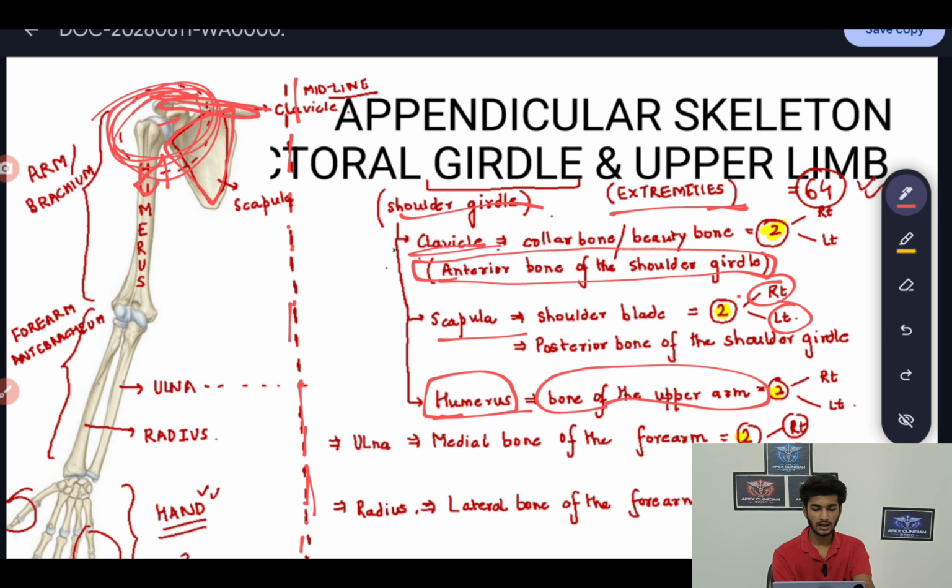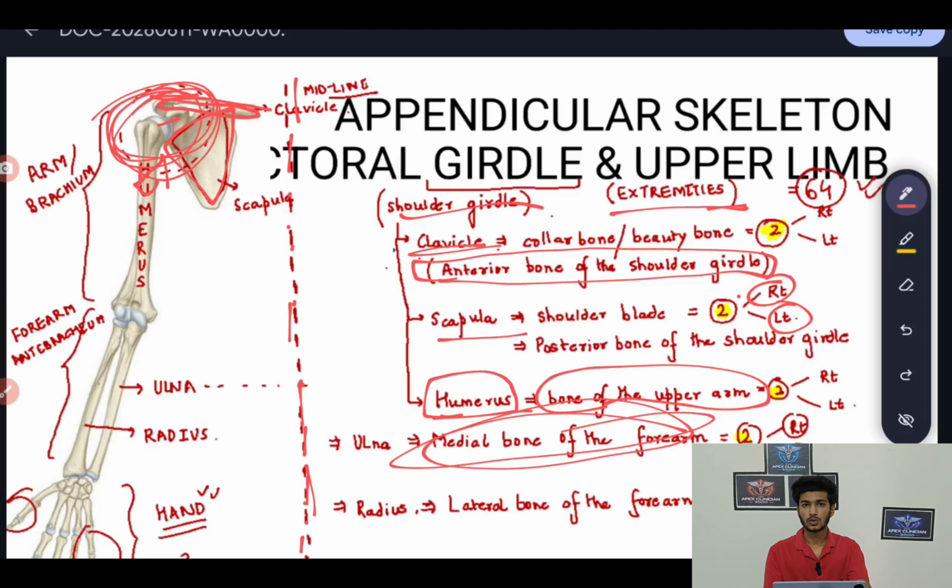Then you have ulna and radius. The ulna bone is present at the medial part of the forearm, and the radius is present at the lateral part of the forearm. These bones are also two in number. One is present at the right side and one is present at the left side.